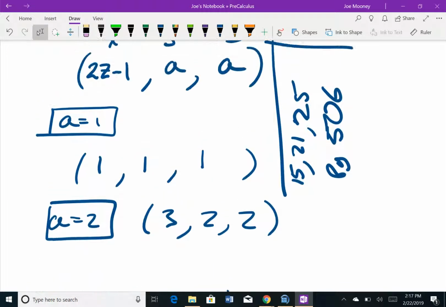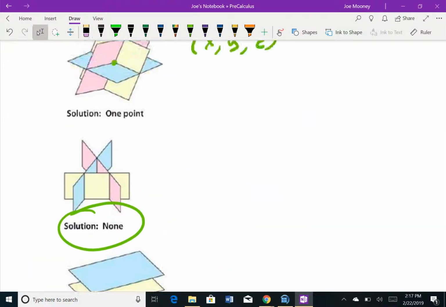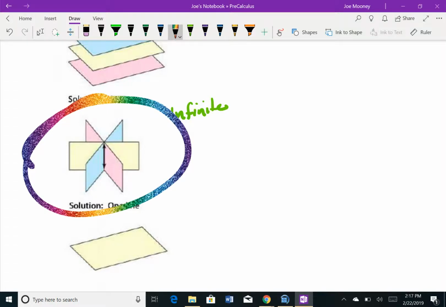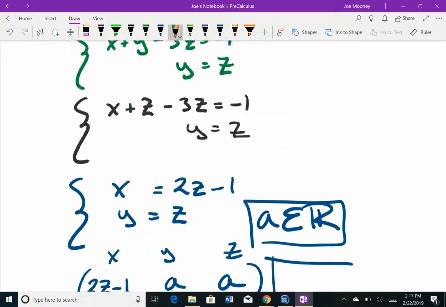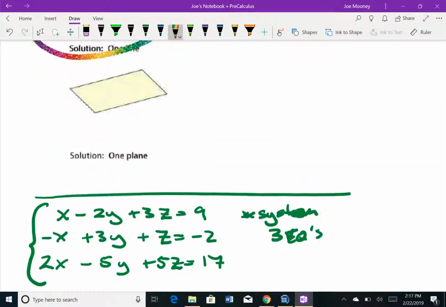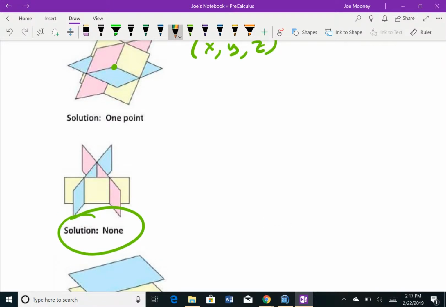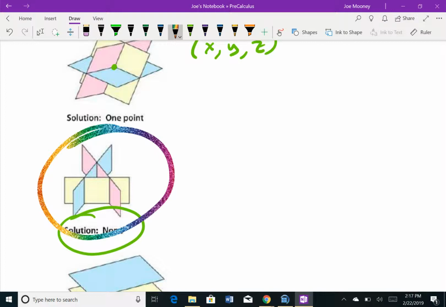From back up here, that's what you found. So if you end up with an always false statement, like 0 equals 7, then you've got no solution. They don't always meet.